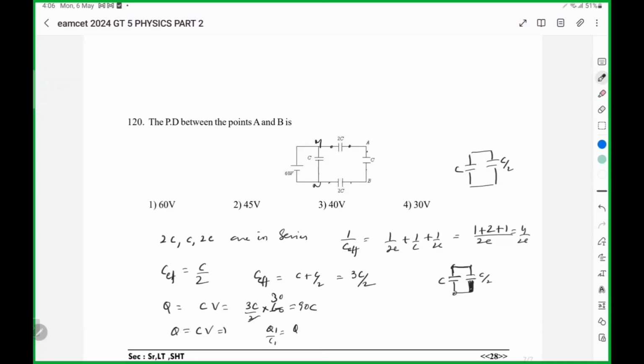Q1 by C1 is Q2 by C2. Q1 is to Q2 as C is to C by 2, that is 2 is to 1. Total charge is 90C. So in C by 2, how much charge flows? In C, 60C charge flows through it, and 30C charge flows through the other. So here 30C, the potential difference across AB will be Q by C, 30C by C, that is 30 volts.